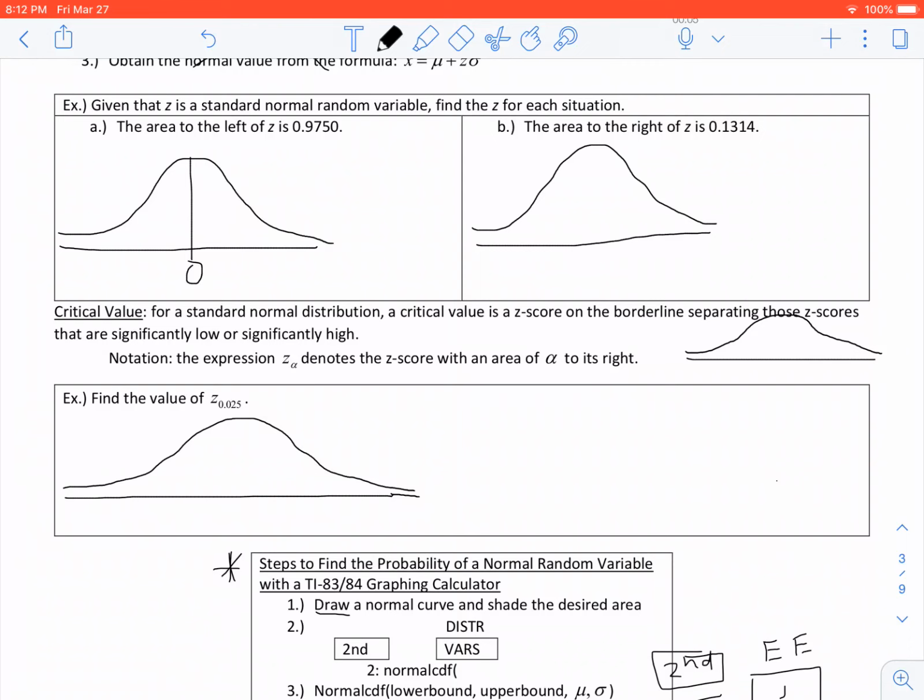So if I know that the area shaded to the left of a z value is 0.975, that means that z would have to be somewhere over here. And I'm going to label that z, and shade this to the left. And this whole entire area that we have here is equal to 0.9750.